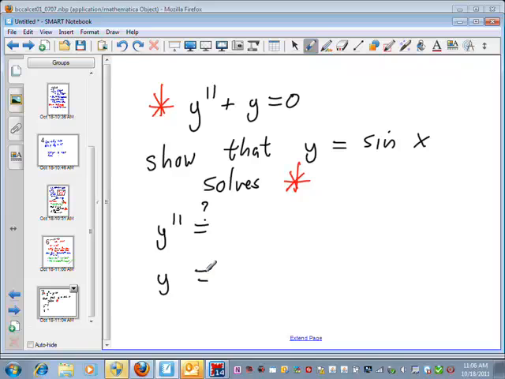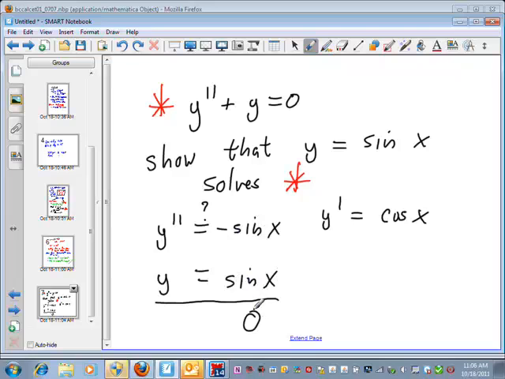We got it. For y double prime, first of all, we need y prime. y prime is equal to cosine x. And that implies y double prime is negative sine. Well, y is sine, you add them, you get nothing. So it's a solution. Questions about that?